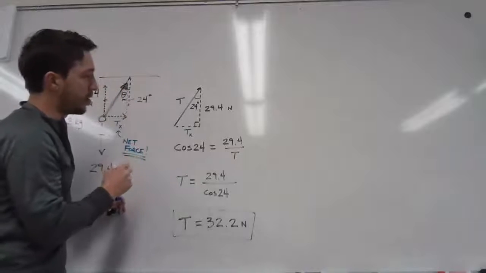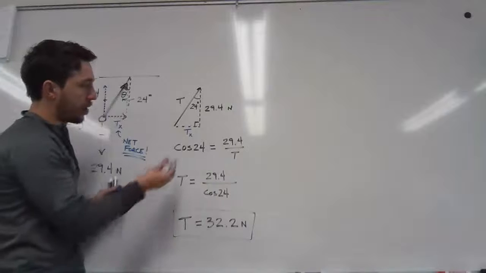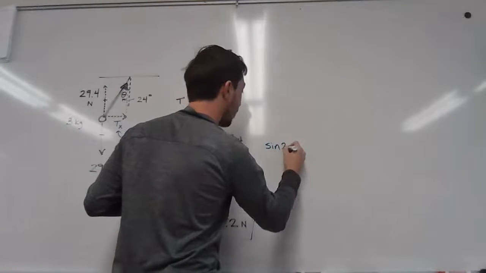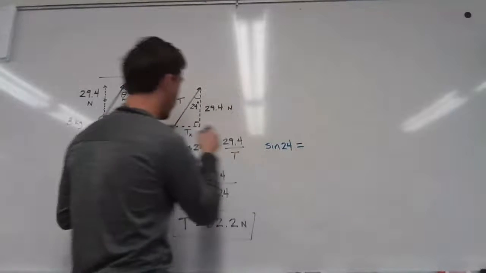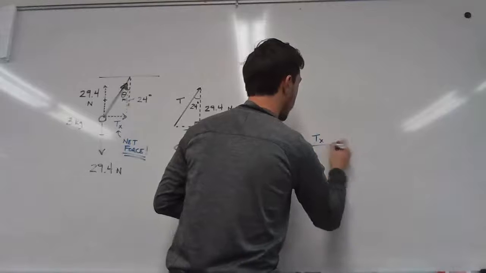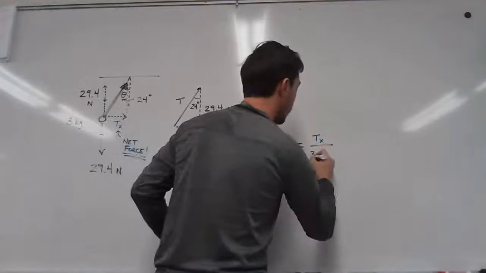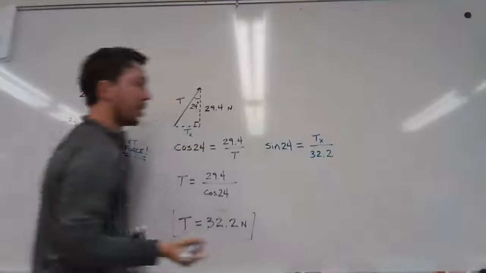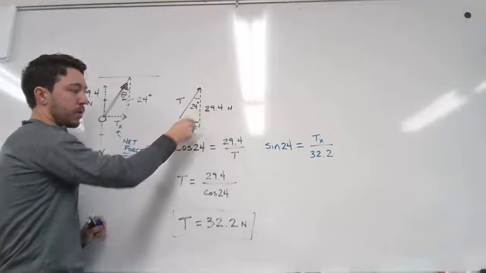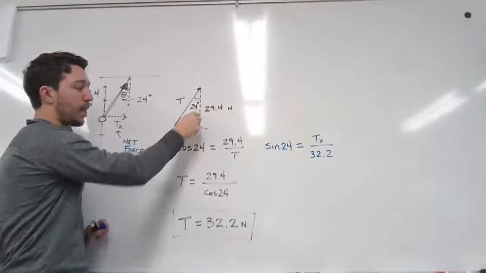Okay, so now you have a few options. You can go, well, sine of 24 is equal to T_x over the hypotenuse. And the hypotenuse we just found is 32.2. That's one way to do it. What if I wanted to use these two? What trig function is that? Tangent.